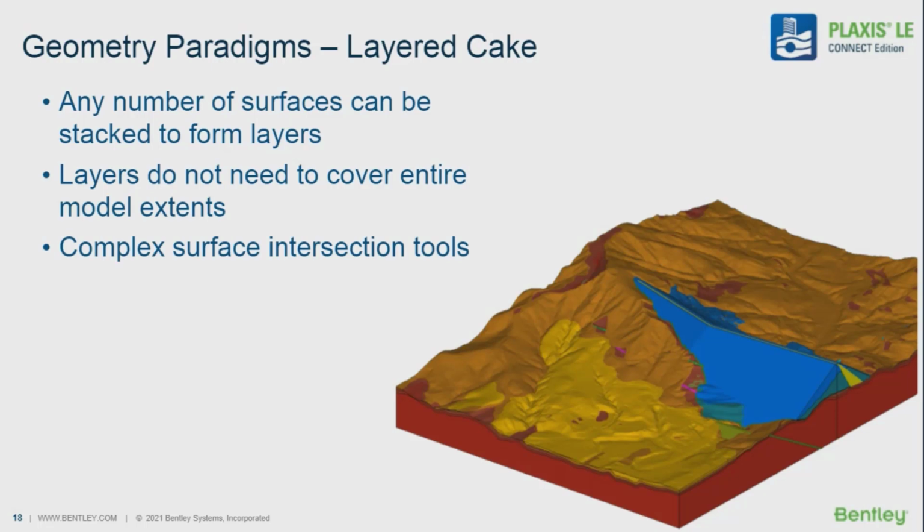Okay. But anyway, when we are handling layered cake, for example, it's not mandatory that the layers extend under the entire model limits. So you can set a certain zone, for example, in this tailings dam, I can set just certain surfaces here at the dam region, and also proceed with a slope stability analysis.